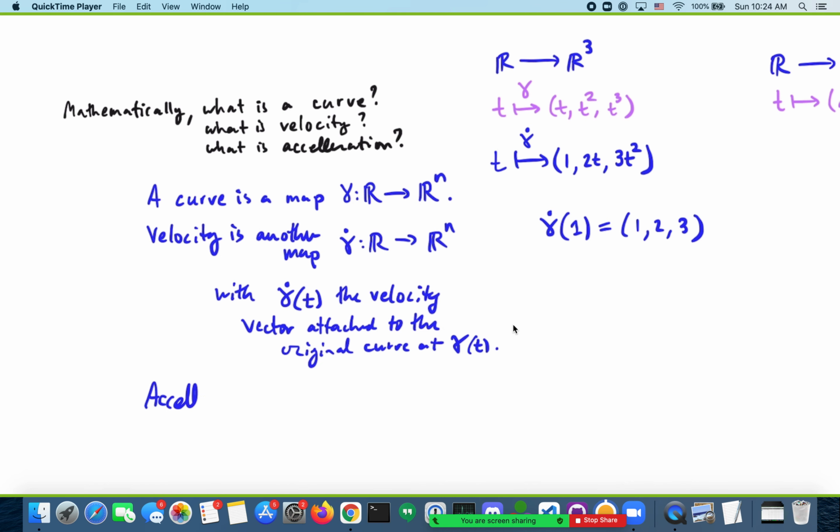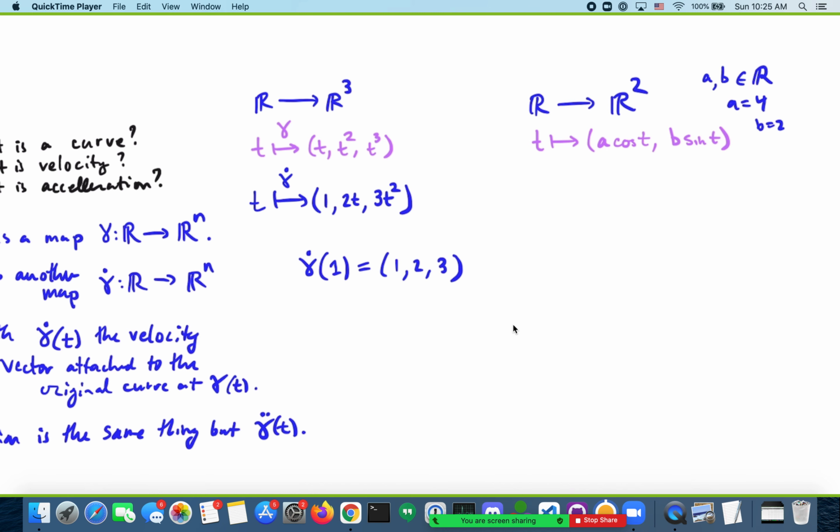Acceleration, then, is the same thing as velocity, but 2 derivatives. So, we can see it as another map where, again, t goes to, now this time 0, 2, 6t. And this we'd say is gamma double dot, or gamma prime prime. Doesn't matter what you name it.